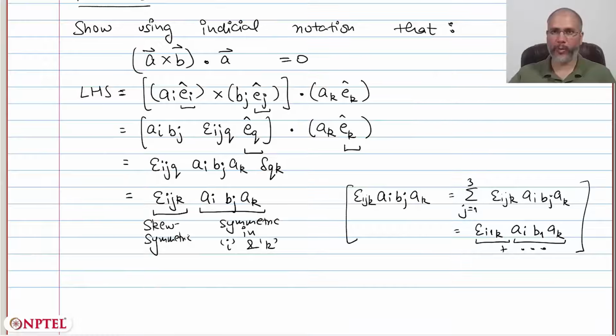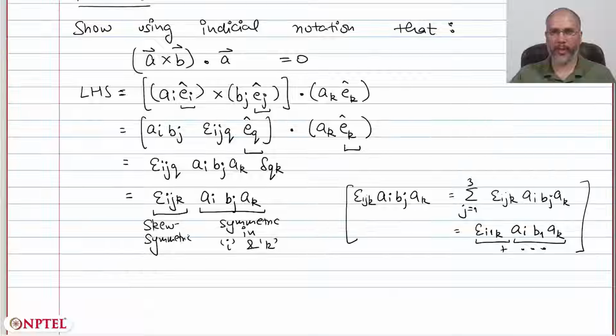Again, if you're worried about the applicability of the identity, you can in fact show it from first principles as we did in the previous problem. You can write epsilon_ijk as minus epsilon_kji, and you can write the expression A_i B_j A_k as A_k B_j A_i, then do a change in indices and show that LHS is equal to minus LHS, so LHS is equal to 0.